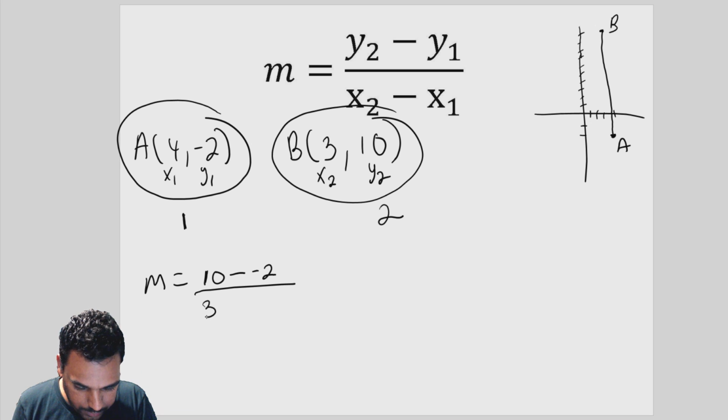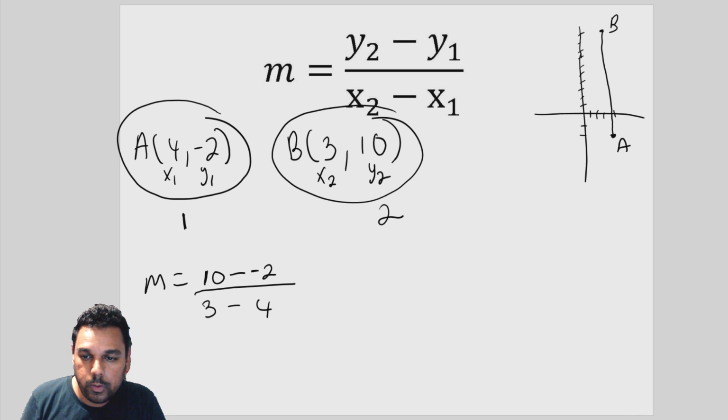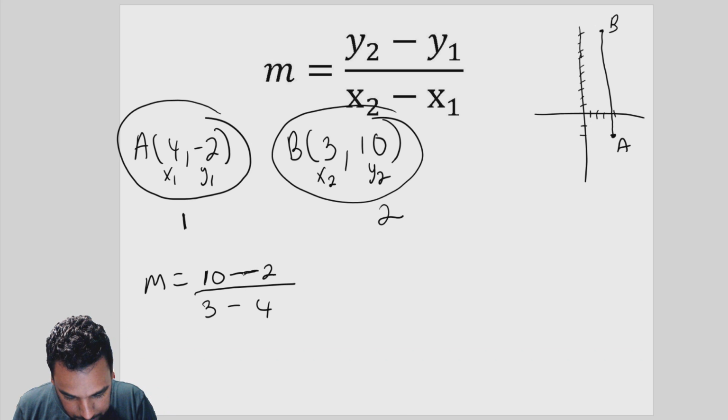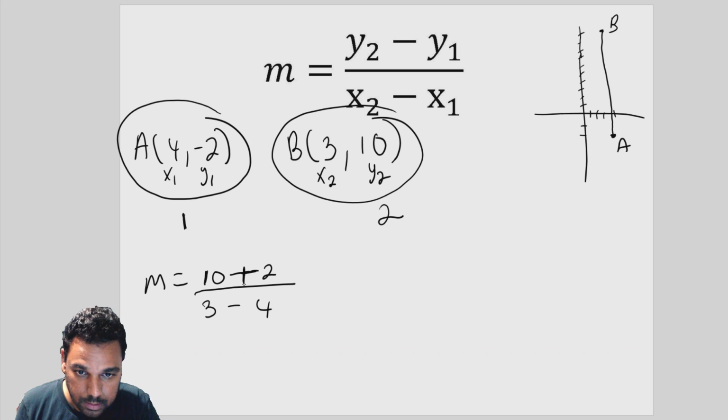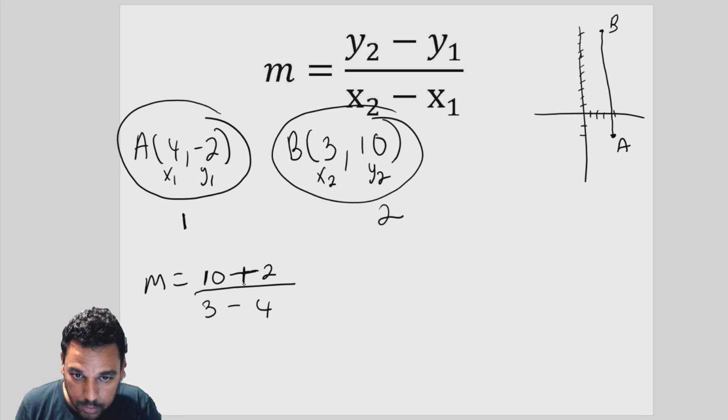So that's 3 minus 4. Take note of the minus of a -2 there. What happens when you have a minus and a negative together like that? You could think about it like it's a plus. I'm not going to get into the math behind that, but you could think about it like it's a plus. Or if not, just type in 10 minus -2 on a calculator and see what it comes up with.